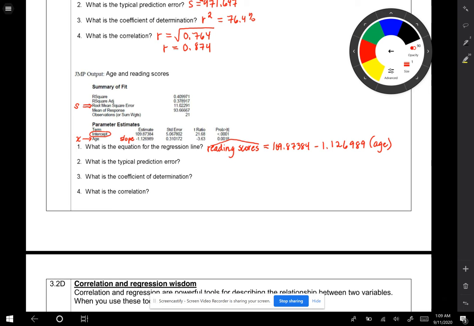Okay, the typical prediction error is 11.02291. And that would be in reading score units.